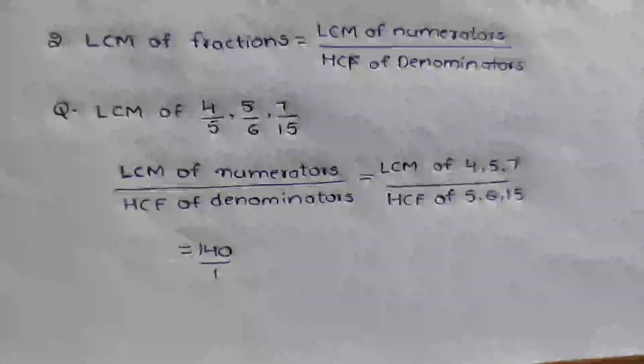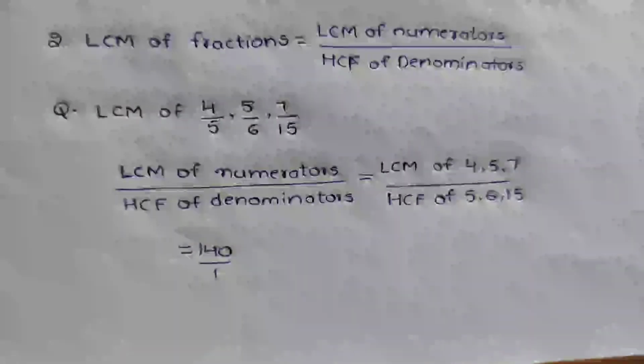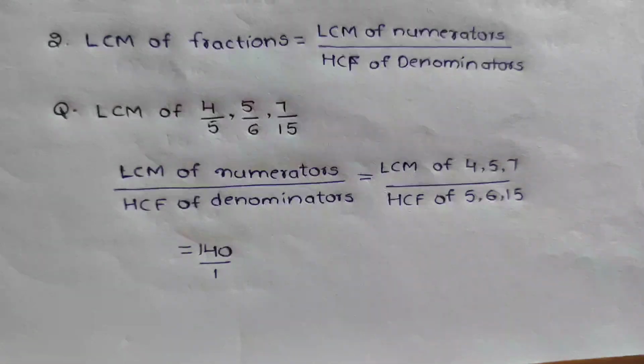For example, if the LCM of 4 by 5, 5 by 6, 7 by 15 is asked, you can first find the LCM of 4, 5, 7 divided by the HCF of 5, 6, 15. The LCM of 4, 5, 7 will be 140 and the HCF of 5, 6, 15 will be 1.